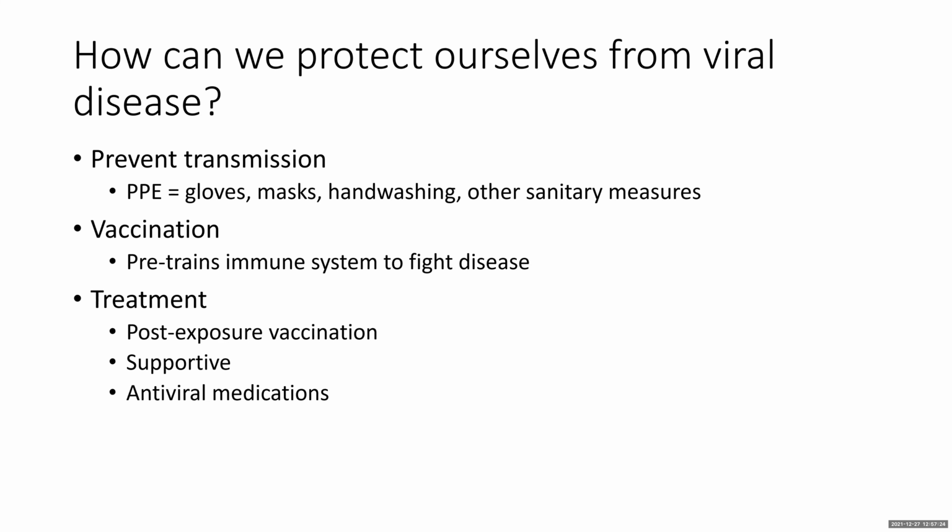When we wash our hands, we're actually washing the viral particles off of us so that we don't get them into our internal structures where they can attack living cells.